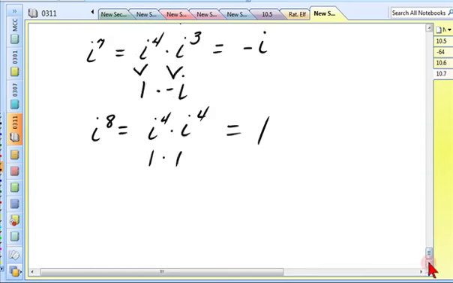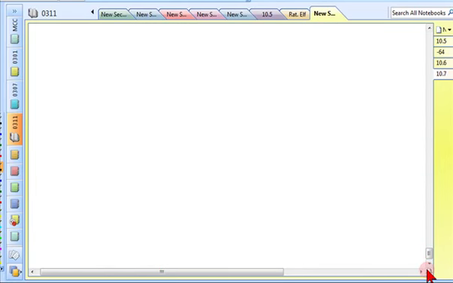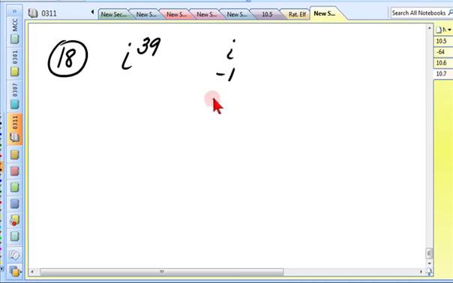Now, I'm going to show you the long way to do this, and then what I think is a shortcut. Number 18 says, find the powers of I. I to the 39th power. All right, here's what you can do. The powers of I are I, -1, -I, 1. Those are the only 4 possibilities, right? I wrote them down in order, I to the 1st, 2nd, 3rd, 4th.